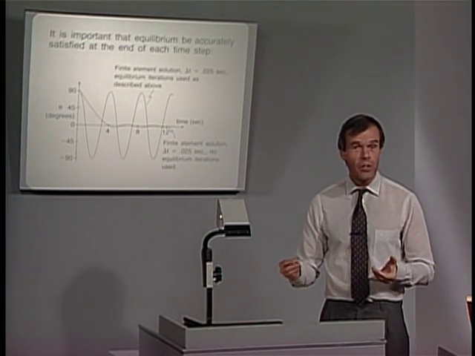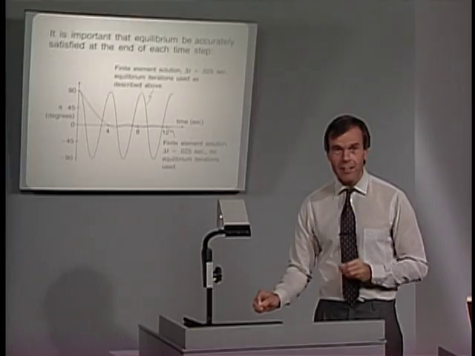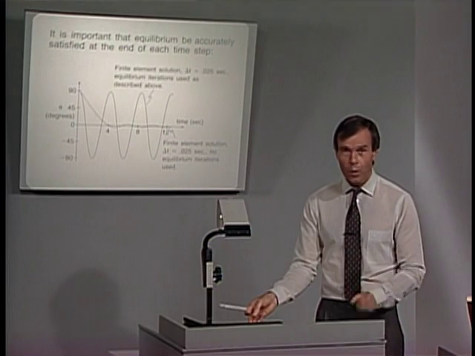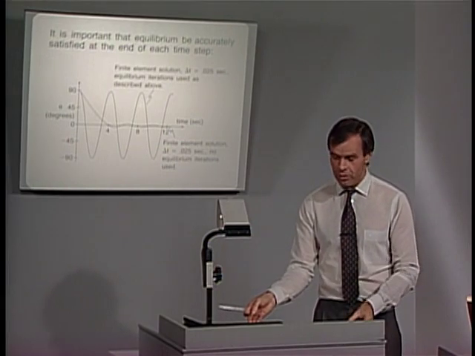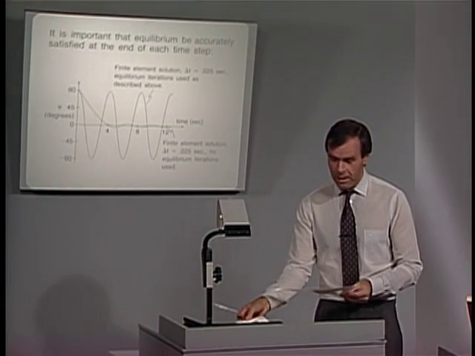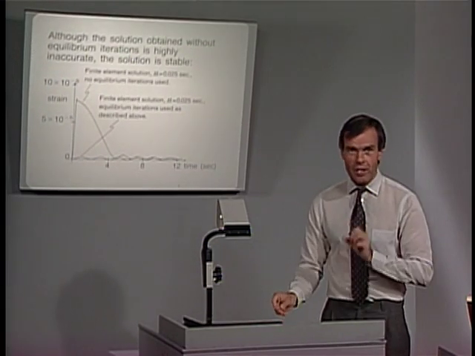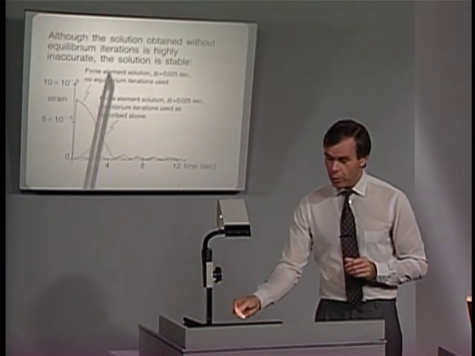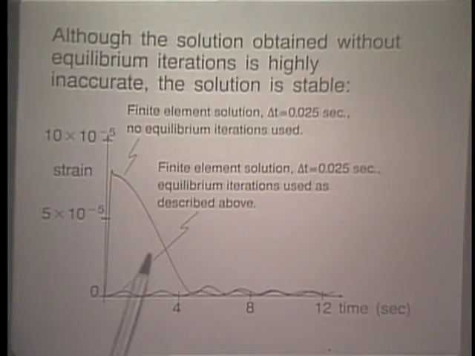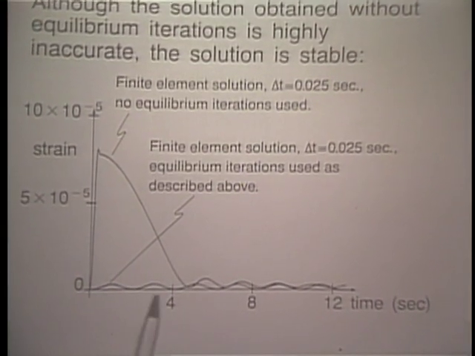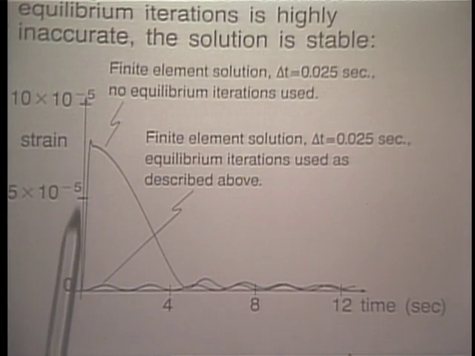In other cases, the solution might blow up. So it is important to iterate in the nonlinear dynamic solution when you use an implicit time integration scheme. Although the solution obtained without the equilibrium iteration is highly inaccurate, the solution is of course stable, and that is also seen when one looks at the strain plot.